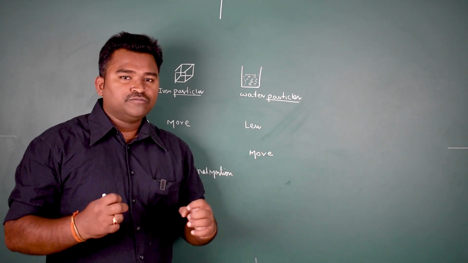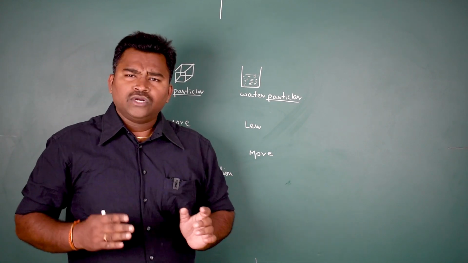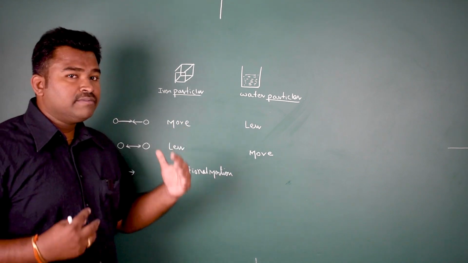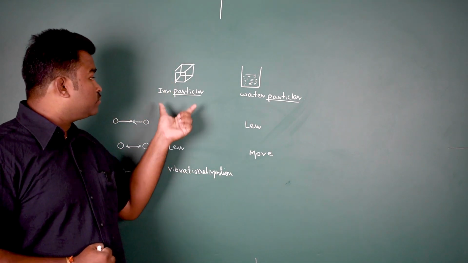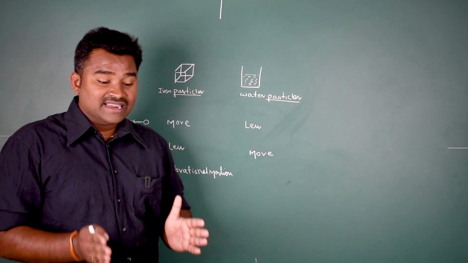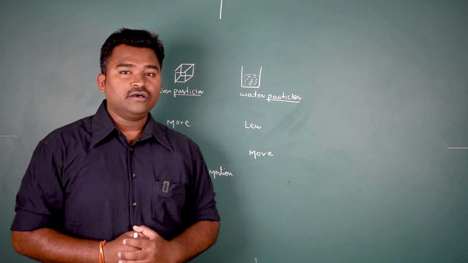Hence the attractive force between them is very small, so less energy is required for them to move. But in iron, to get more kinetic energy, firstly they have to overcome the attractive forces between the particles of matter. Hence in iron you see less kinetic energy of the particles compared to water.